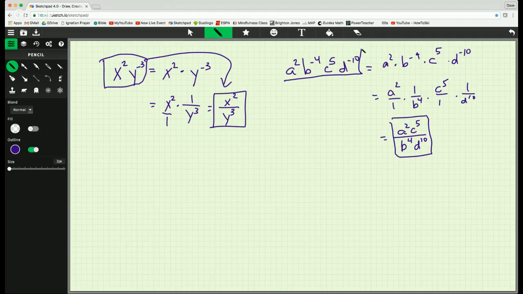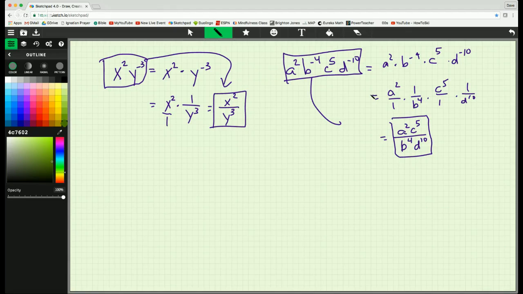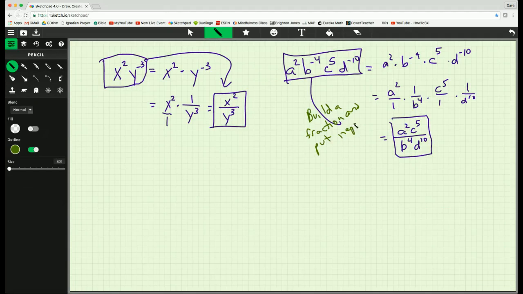So notice, what has happened? We basically build a fraction and put negative powers on the bottom with negative exponents made positive.